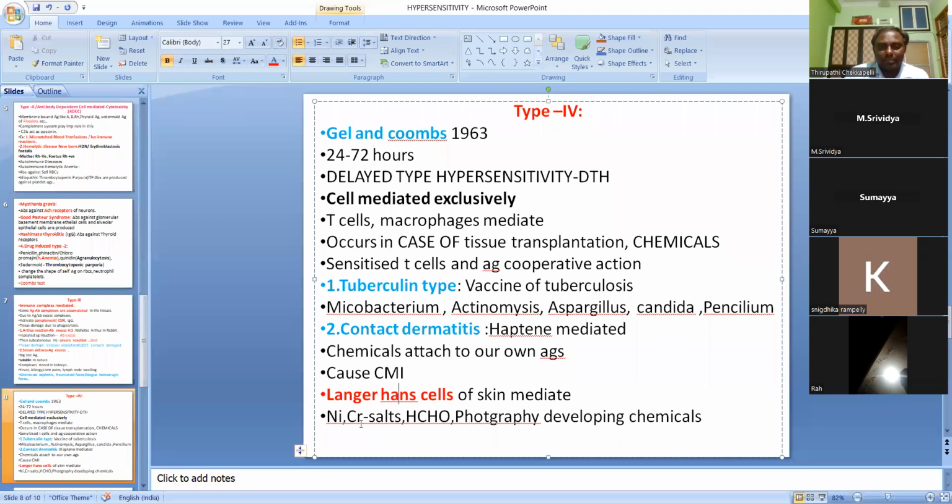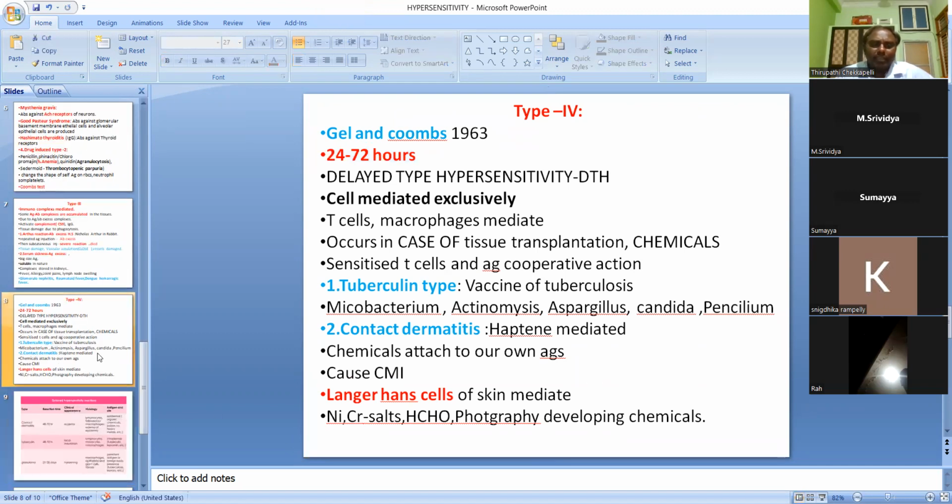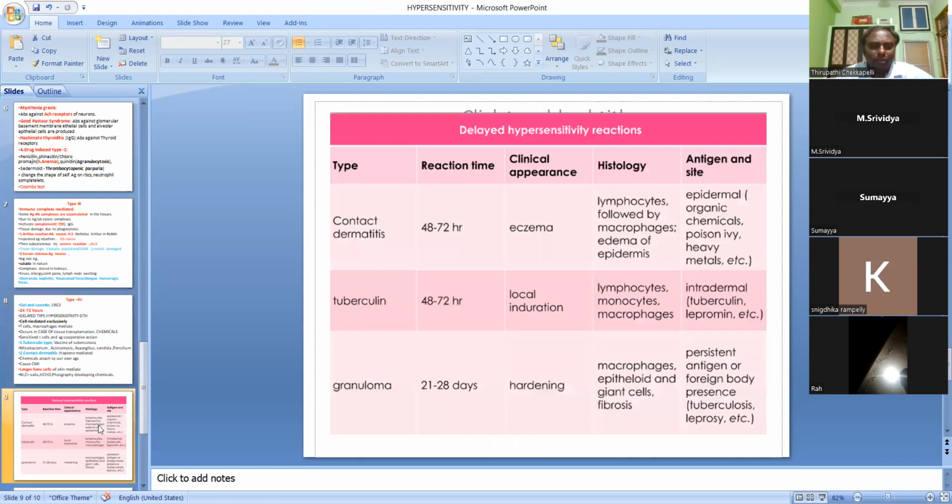Chemicals like nickel, chromium salts, formaldehyde, hypo like photography developing chemical act as haptens on our skin whenever we touch them. So this reaction takes place, but it takes time, up to 24 to 72 hours, as it is delayed. So these are the types of hypersensitivity reactions: type 1, type 2, type 3, type 4.